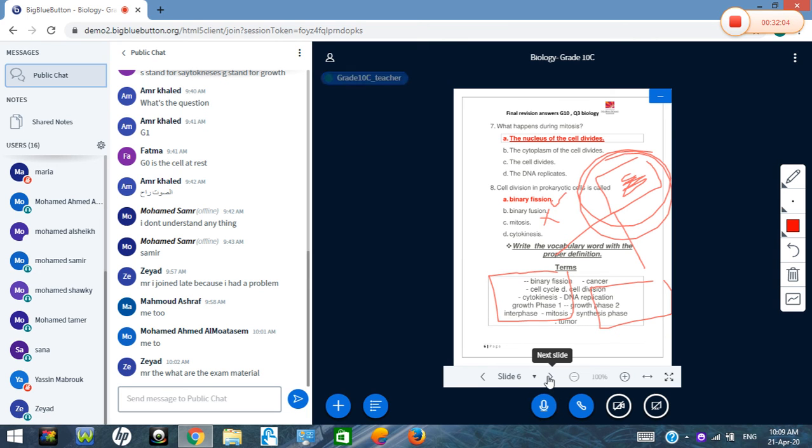The meaning of cell division: the cell is divided into 2 new cells, and the 2 new cells are identical to each other and identical to the parent cell. The meaning of cytokinesis: cytokinesis means the division of the cytoplasm, and it occurs at the end of mitosis.